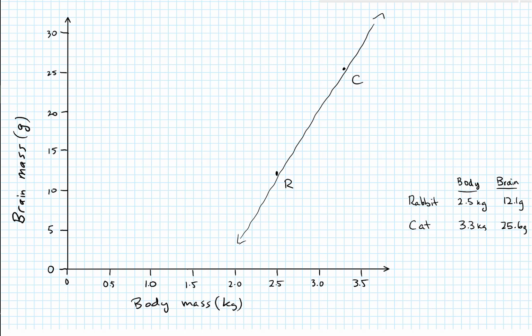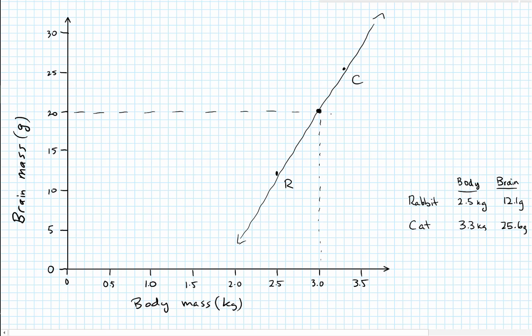But nevertheless, let's say we wanted to find the mass or estimate the mass of a brain of an animal somewhere in between 2.5 kilos and 3.3 kilos. So, if we're trying to, let's say, find an animal that has a mass of 3 kilos, we could say, well, based on this relationship, it's probably going to be somewhere about 20 grams.